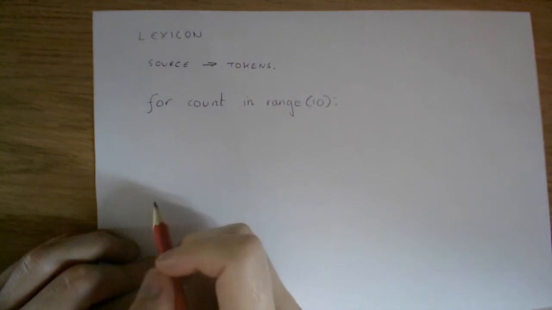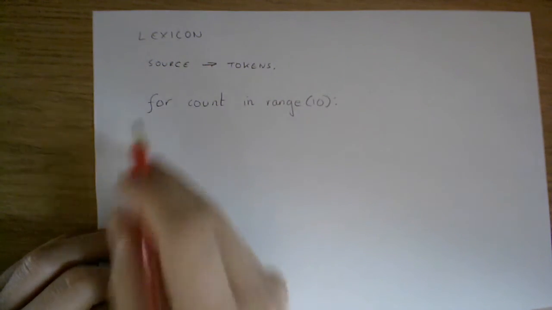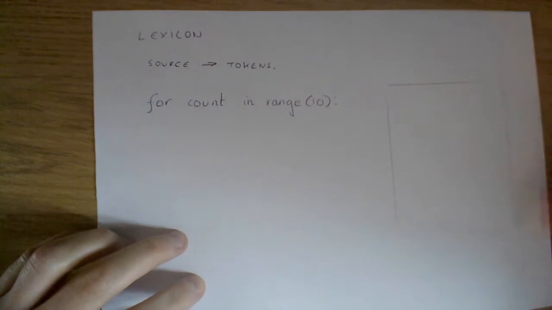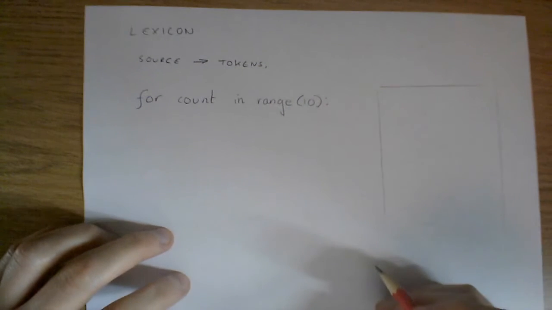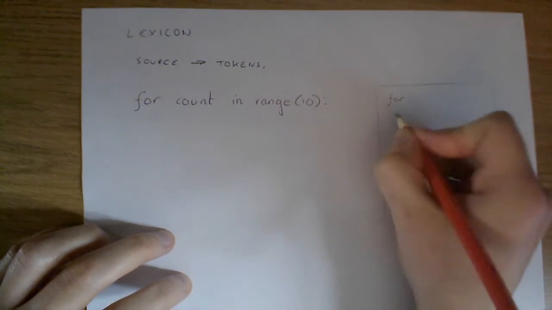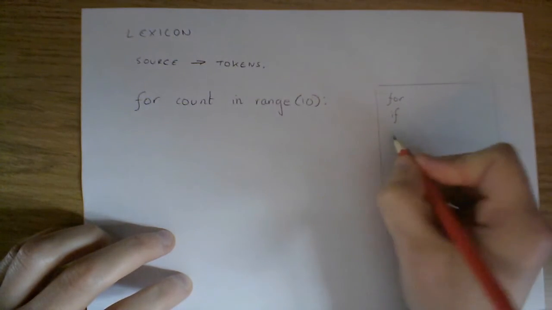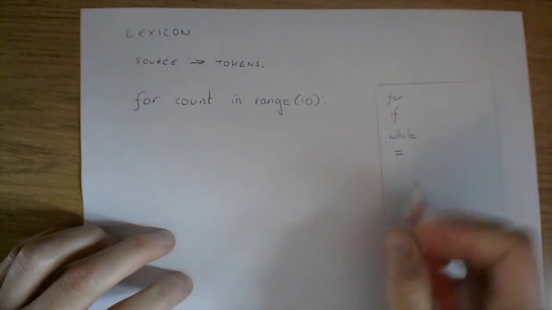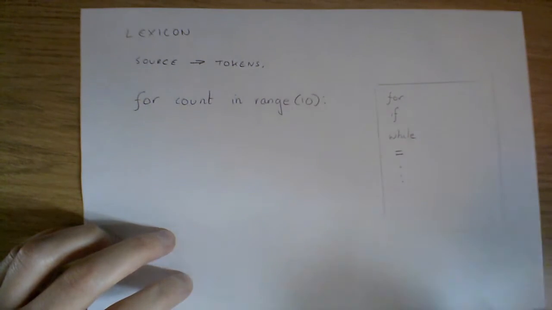So it starts at the F and says to itself, okay, go to my dictionary. So it'll have a dictionary over here of all the possible keywords of the language. So it'll have for, it'll have if, it'll have while, it'll have equals in there, and lots of other definitions.